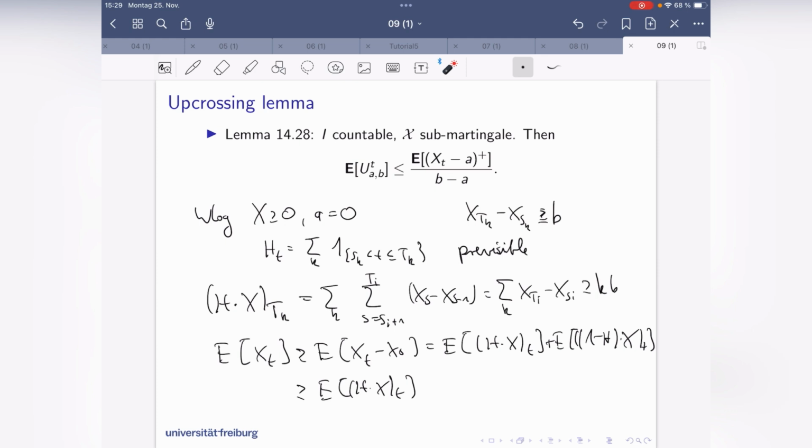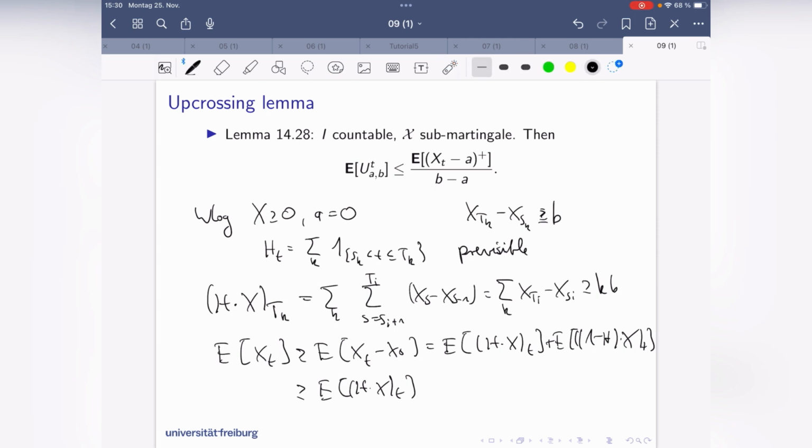And this here, by time tk, I have bounded from below by k times b, and k is the number of upcrossings up to that time point.